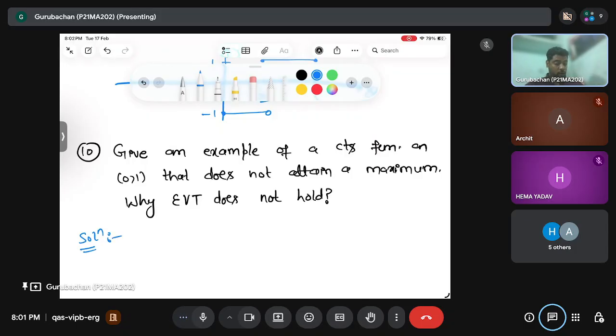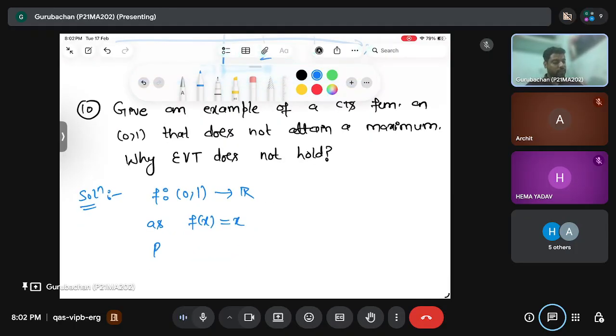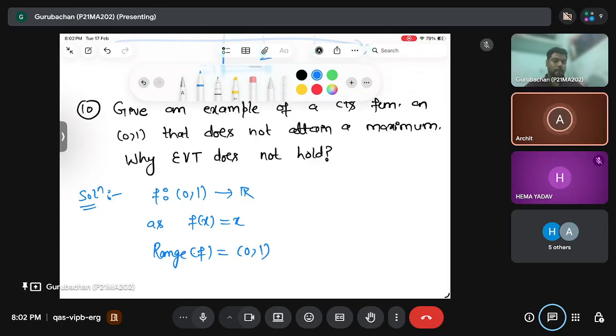Okay, so first of all, let us construct an example. If I define f from (0,1) to R as f(x) = x, what is the range of this f? Sir, 0 to 1.